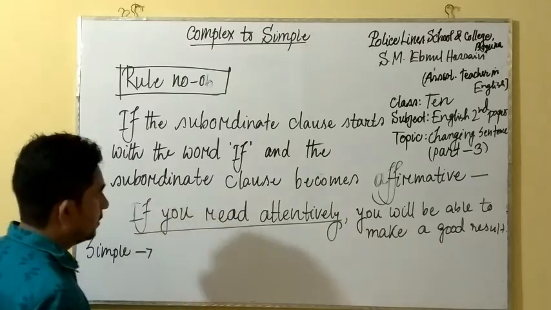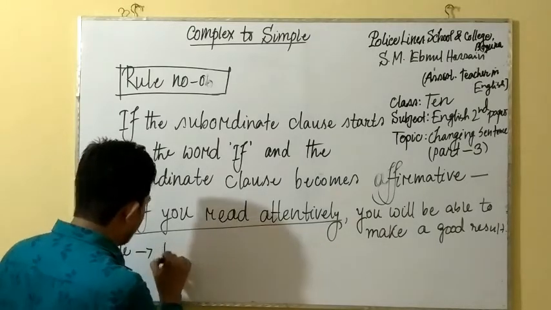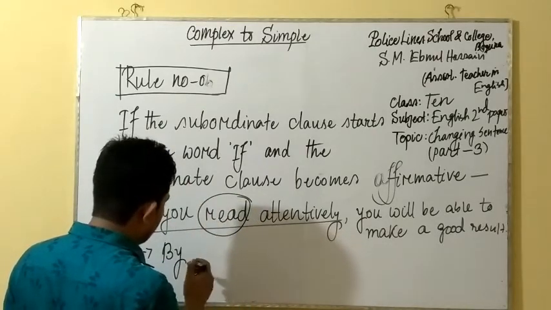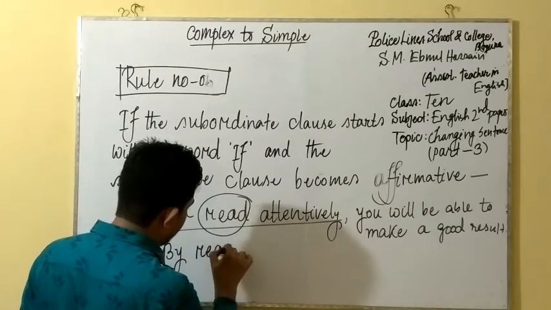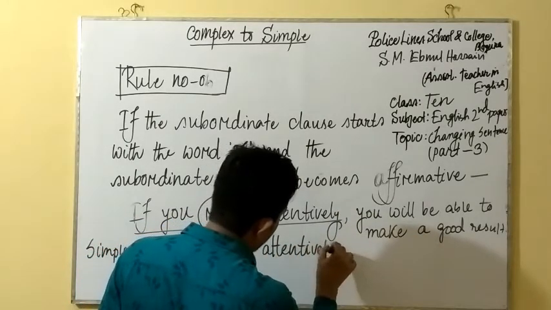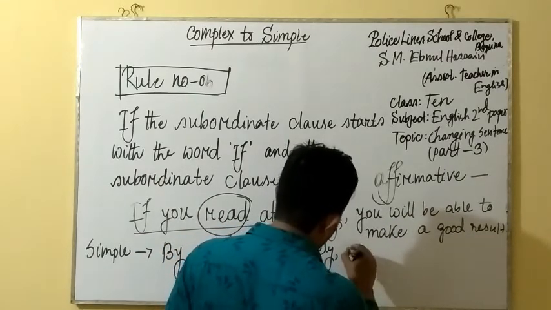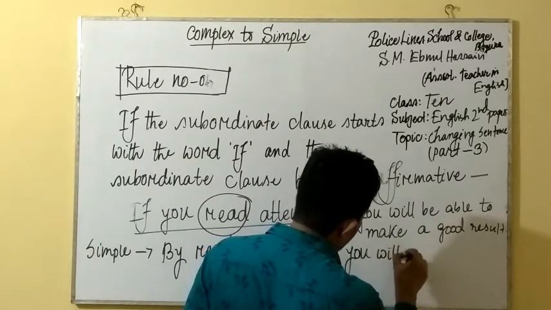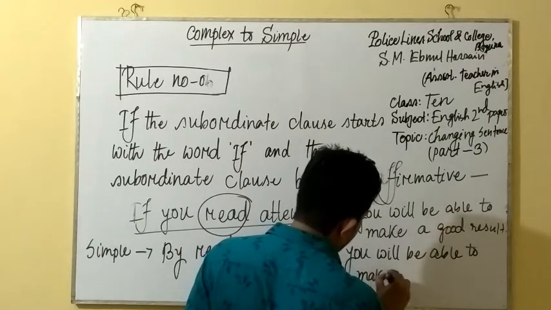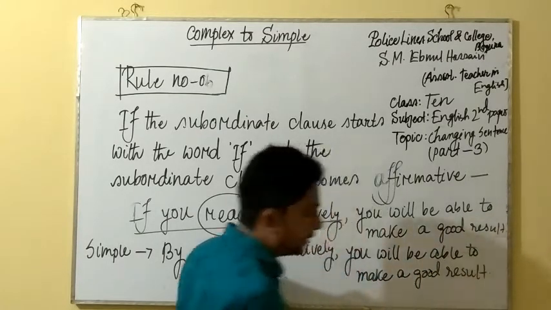Here, if the subordinate clause becomes affirmative, then the word by comes, then the gerund of the main verb, reading: by reading attentively, you will be able to make a good result.